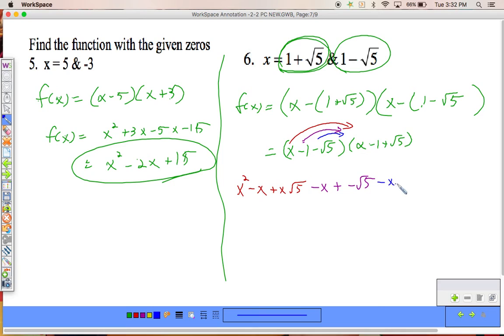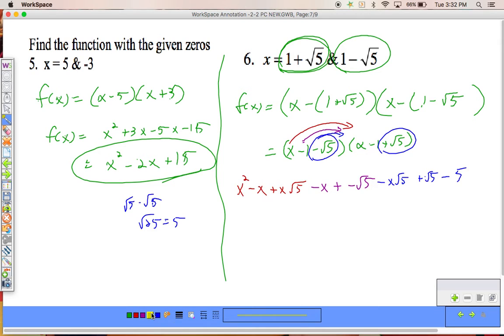Then minus x square roots of 5, plus square roots of 5. And a negative square root of 5 times a positive square root of 5 is a negative 5 itself, because square root of 5 times square root of 5 is the square root of 25, which is 5.